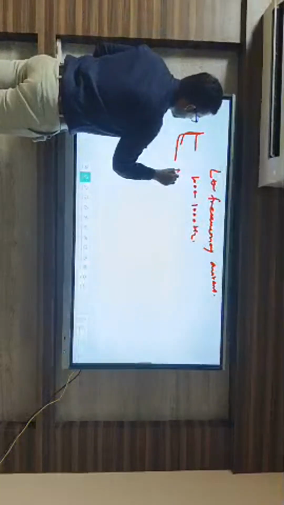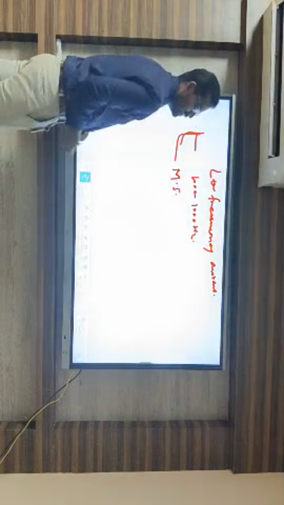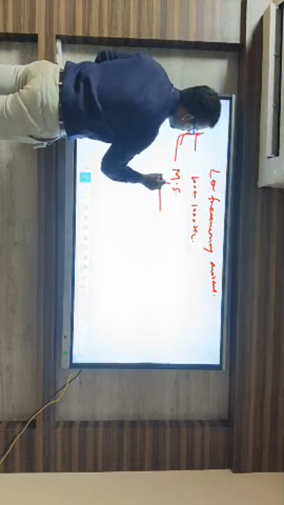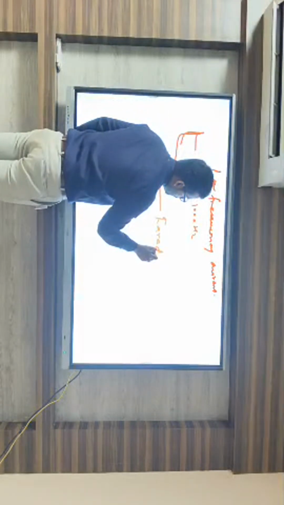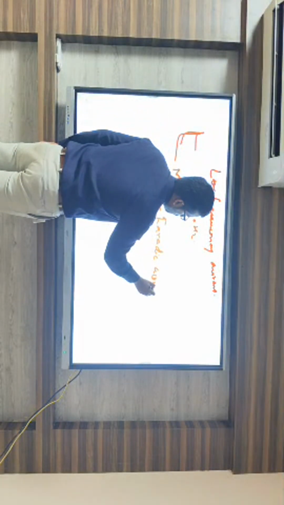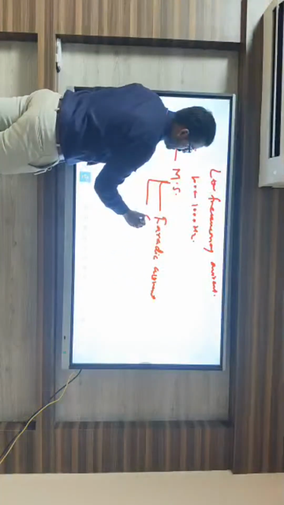The major example is the muscle stimulator, which is a combination of Faradic current and galvanic current.